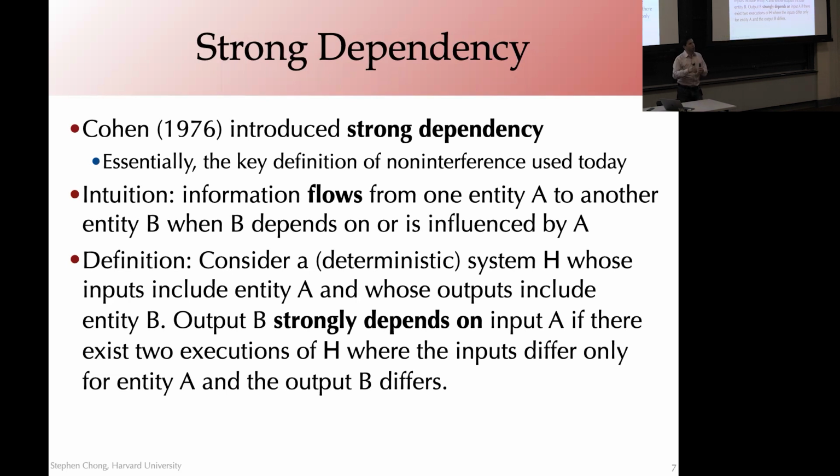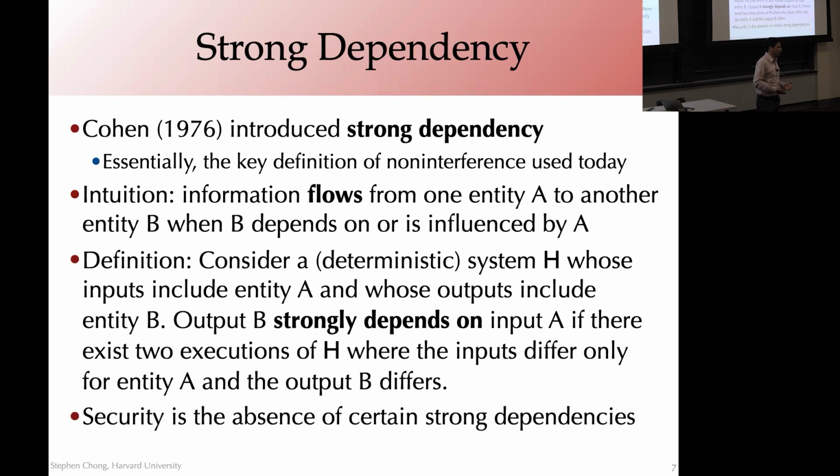So the intuition here is a strong dependency. The output B has changed when the only thing that varied was the input A. Okay, so that's the notion of strong dependency. And we're going to define security as the absence of some of these strong dependencies. In particular, an absence of a strong dependence from secret inputs to public outputs.